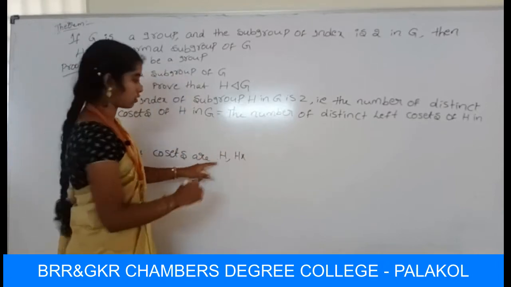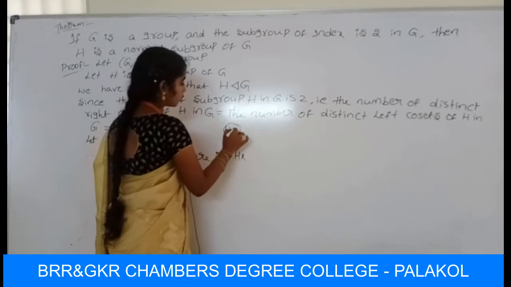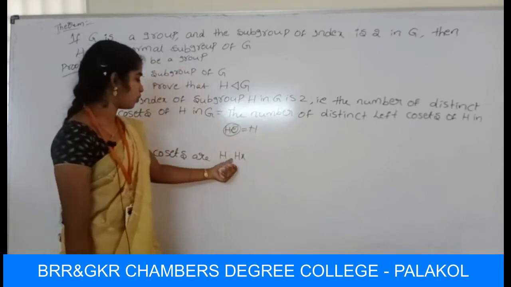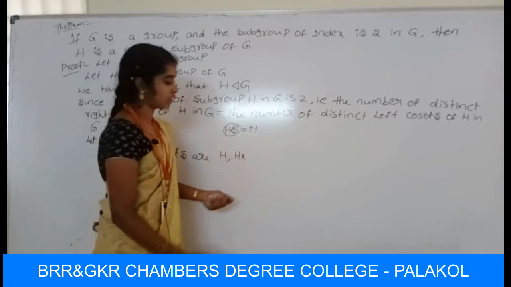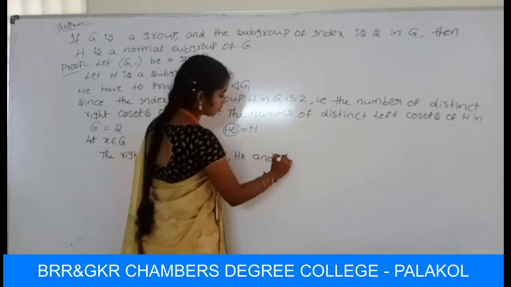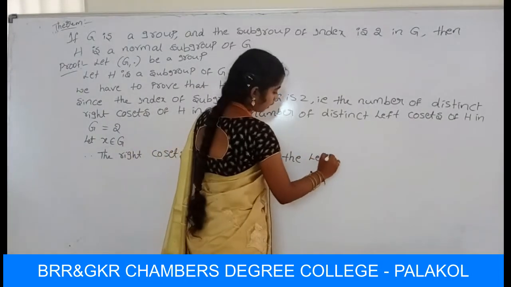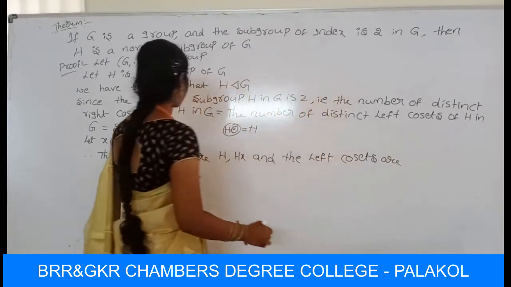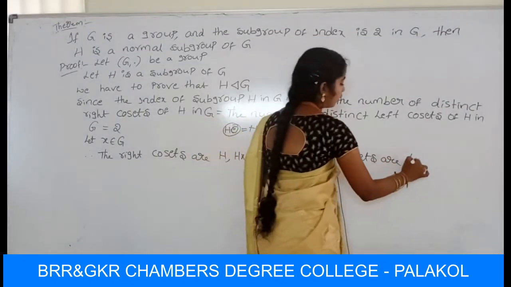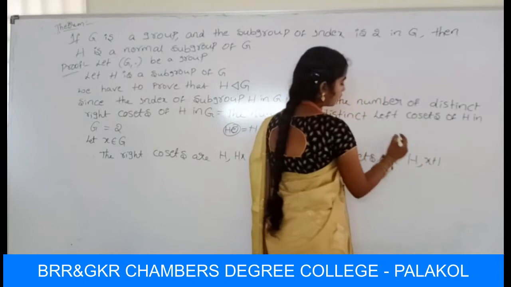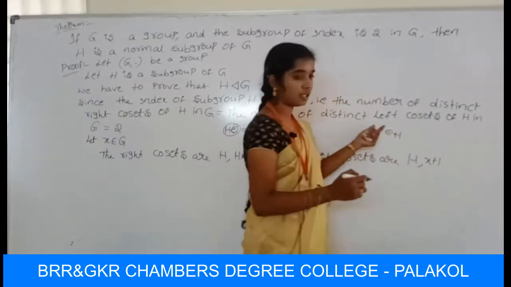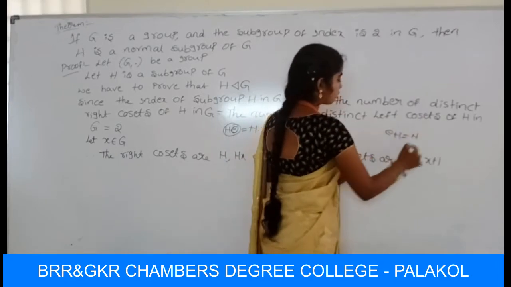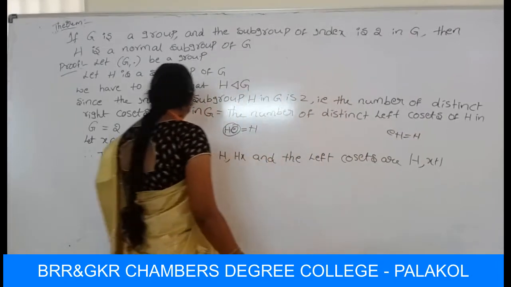H is a right coset, where E is the identity element and the value is H. The left cosets are H and xH. EH is a left coset, where E is the identity element, so the value is H.